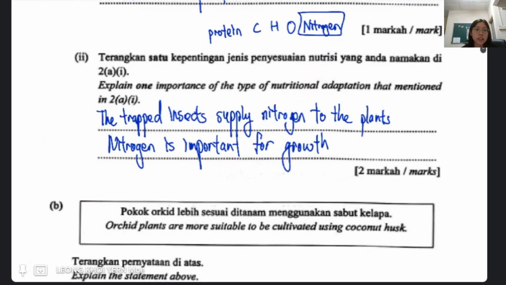Or you can mention nitrogen is important for photosynthesis and the growth of the plant. The reason why they trap these insects is because carnivorous plants live in soil which lacks nitrogen sources, or else they won't have this nutritional adaptation.